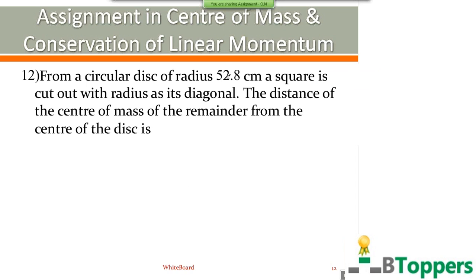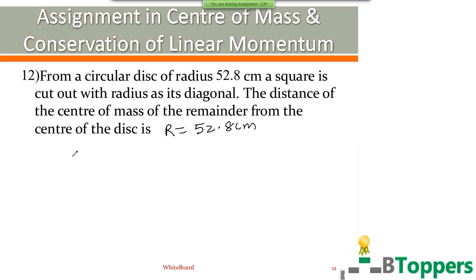From a circular disc of radius 58.8 centimeter, a square is cut out with a radius as its diagonal. The distance of the center of mass of the remainder from the center of the disc is? So I denote the radius of the original circular disc by capital R, which is equal to 58.8 centimeters.